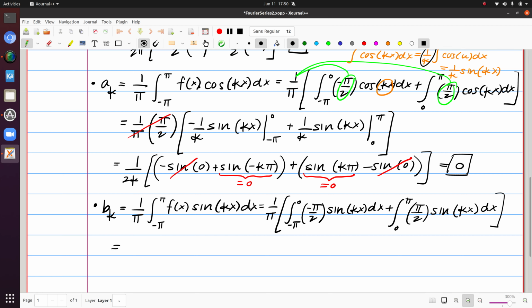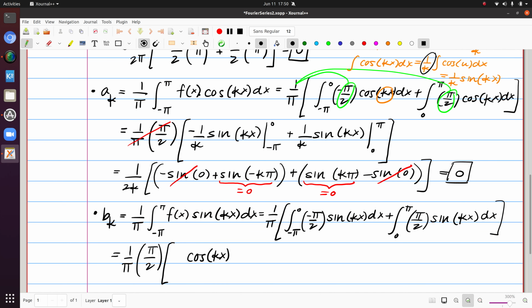Again, I'm going to factor out my pi over 2 that's common to both integrands. And then the antiderivative now is of negative sine kx. So here, the antiderivative of negative sine is positive cosine. And for the very same reasoning that I did in orange up there, every time I anti-differentiate sine of kx, I need to bring out a 1 over k.